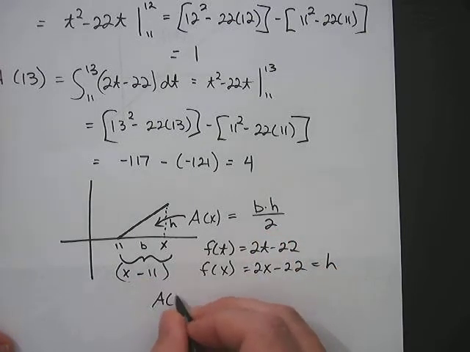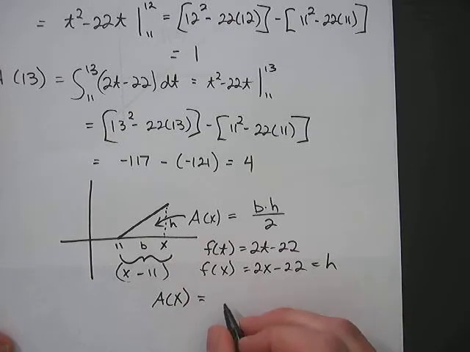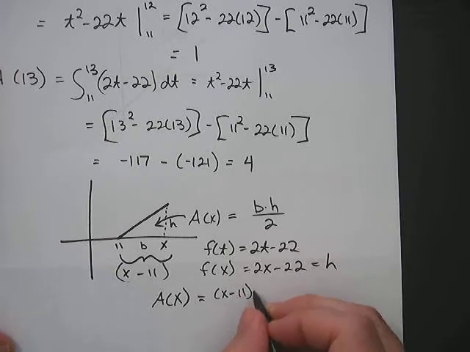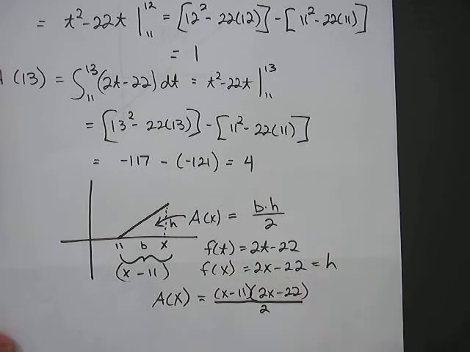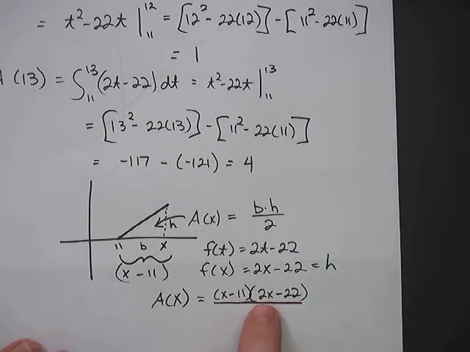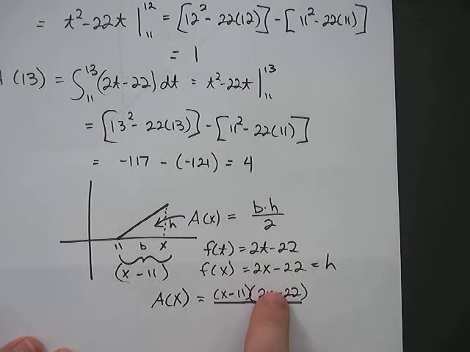So A of x is equal to base times height, so x minus 11 times 2x minus 22, divided by 2. Notice that this 2x minus 22 can have a 2 factored out of it. If I take the 2 out, it becomes x minus 11, because I divide both of these terms by 2.